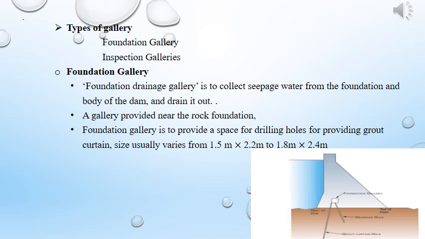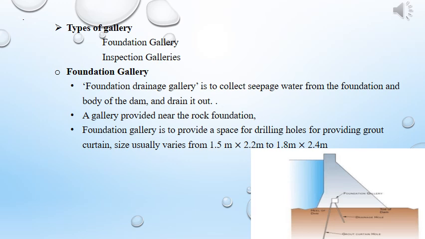The types of galleries. Here are the two types of gallery: the foundation gallery and the inspection gallery. The foundation gallery is also called a drainage gallery and is used to drain off the water which percolates through the foundation.